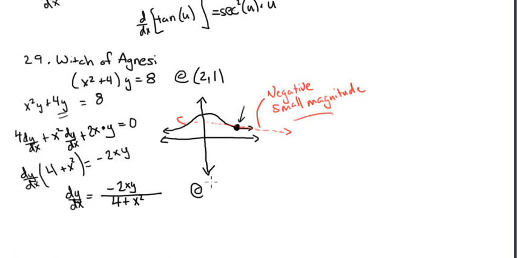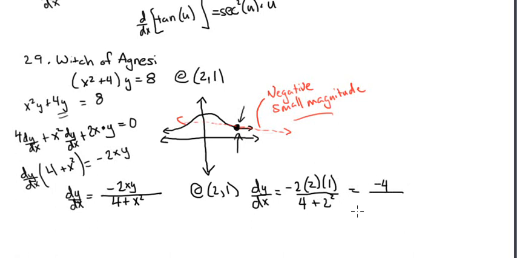So at (2, 1), one specific instance of this general derivative, exactly the derivative at this point, dy over dx will be equal to negative 2 times 2 times 1 over 4 plus 2 squared, equal to, let's see, this is negative 4 over 8 equals negative 1/2.